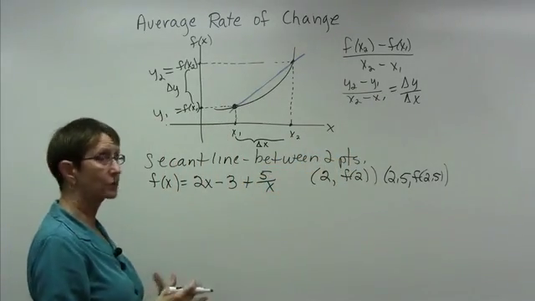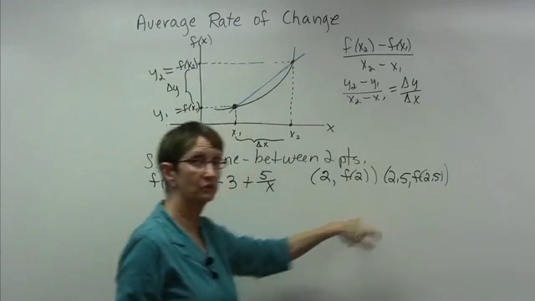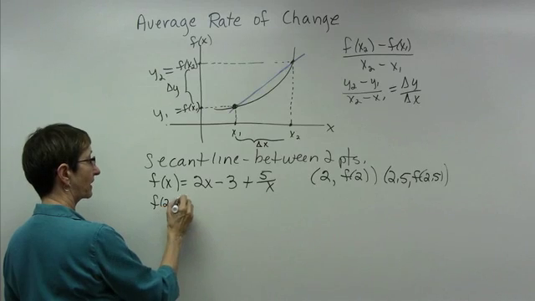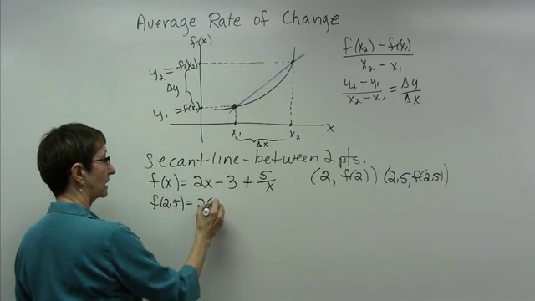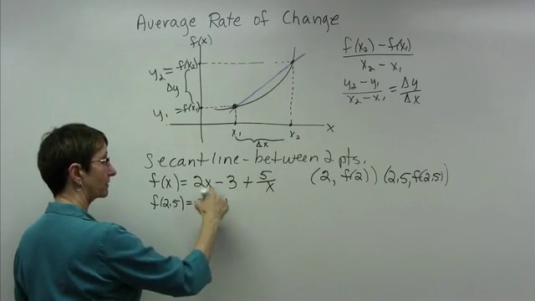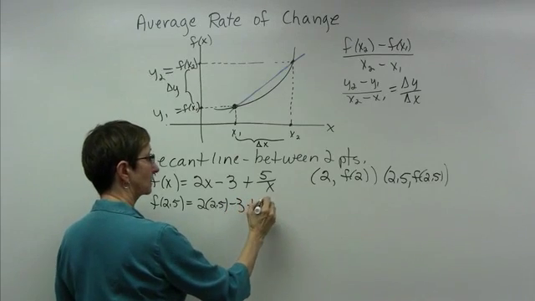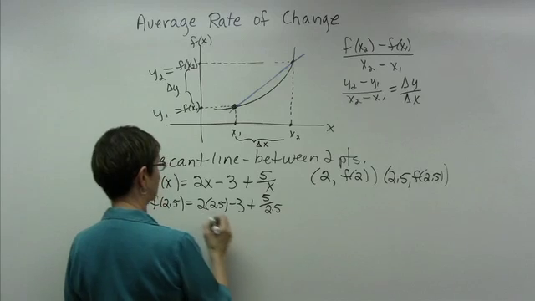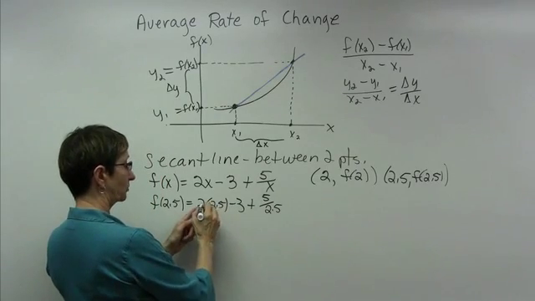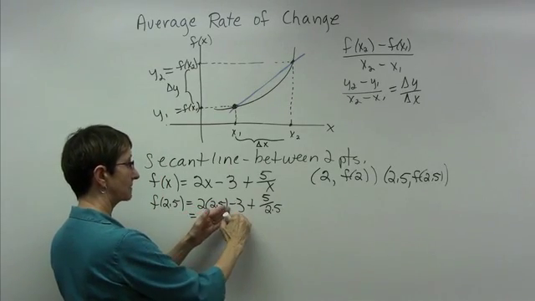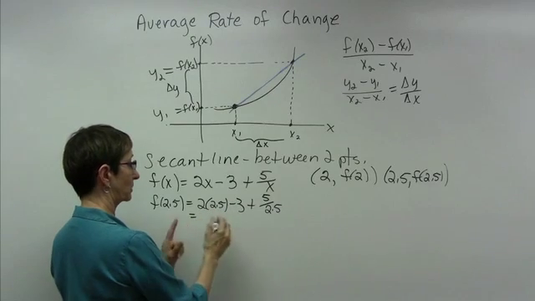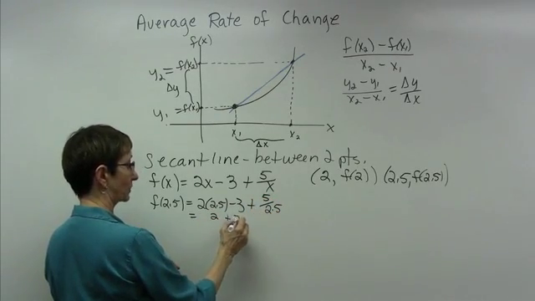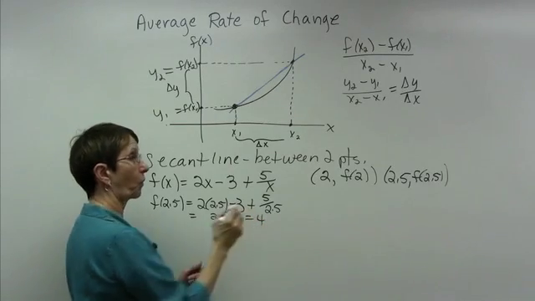Before we set up the fraction, let's go ahead and find our function values separately. Let's look at f of 2.5. 2 times 2.5 minus 3 plus 5 over 2.5. 2 times 2.5 is 5, minus 3, that will give me 2, plus 5 over 2.5 is 2, so this value is 4.